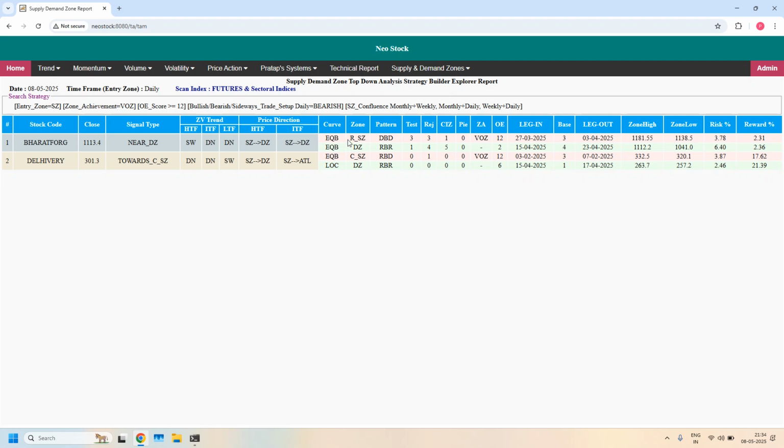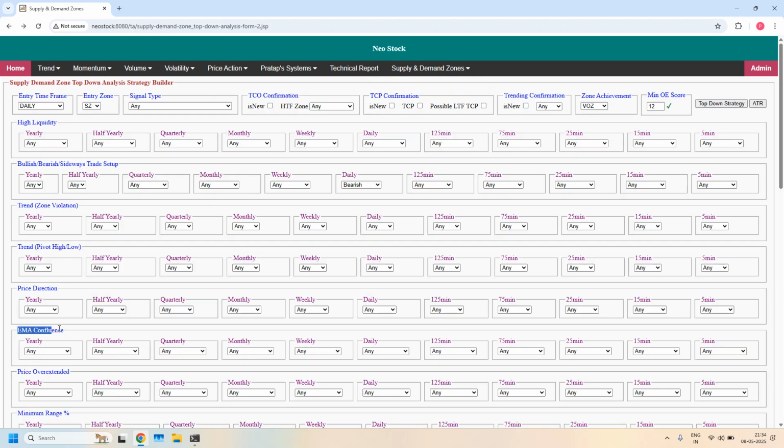So in these 2 stocks, these daily supply zones are overlapped with weekly supply zones. Both together again overlapped with monthly supply zones. But monthly trend is down in only one stock. So let's verify this stock is having monthly supply zone with monthly EMA confluence. So in the EMA confluence at monthly, checking monthly supply zone having monthly EMA confluence.